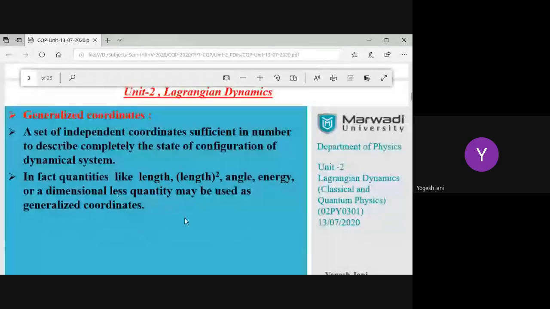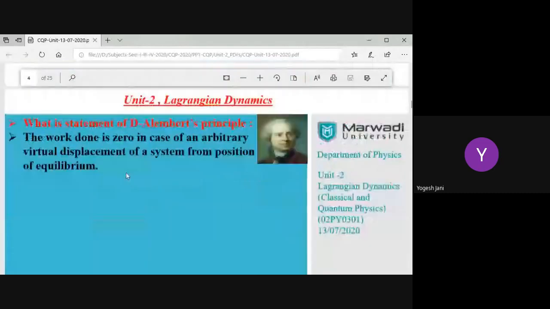Now, the important thing we are discussing is D'Alembert's principle. What is D'Alembert's principle? We know the work done in the case of virtual displacement of a system from a position of equilibrium. Now, what is virtual displacement? We discussed it: it is a displacement which is not taking any time, a displacement without any time.